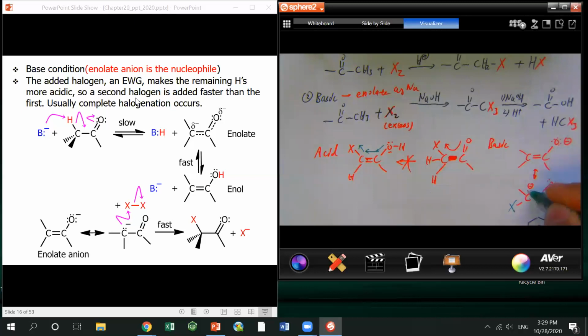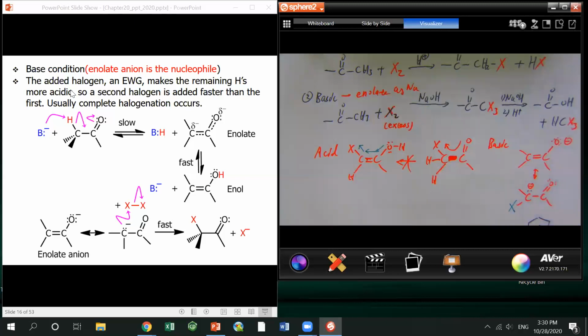The enolate has a lone pair and a negative charge, and the halogen pulls it away, which helps stabilize it, making this enolate more reactive and more stable, so it can carry out reactions. This makes the remaining hydrogen more acidic, and its conjugate base more stable, so the hydrogen won't go back. Then the second halogen adds on quickly, so eventually you cannot stop at single halogenation. You may get two or three.